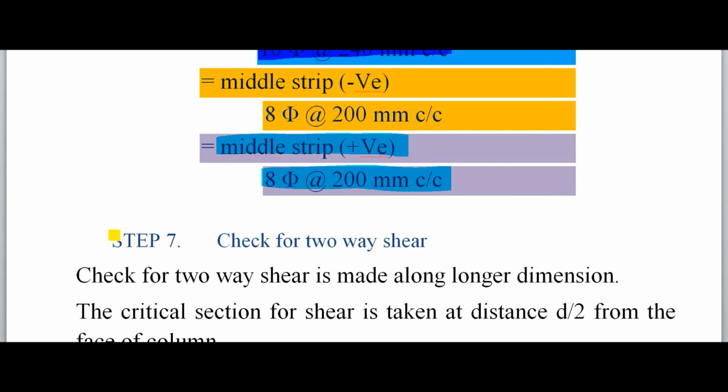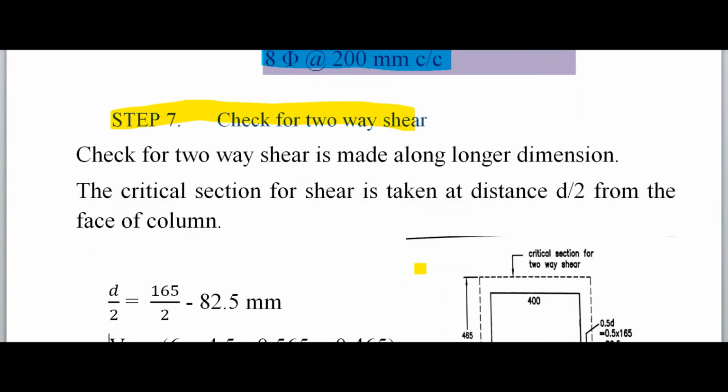Now we are on step 7, check for two-way shear. The check for two-way shear is made along the longer dimension. The critical section for shear is taken as d by 2 from the face of the column.